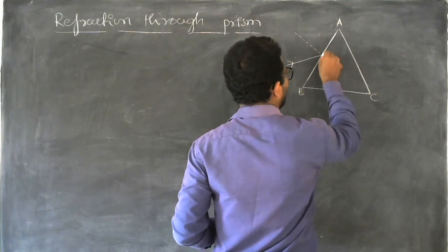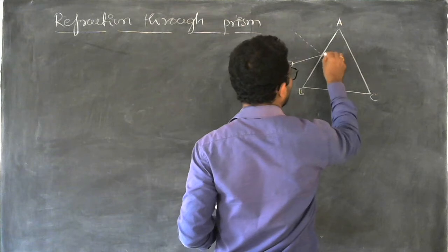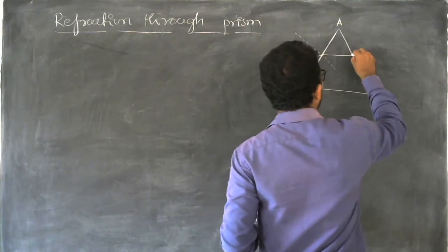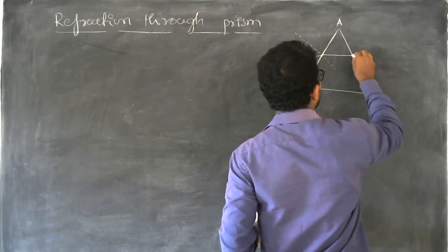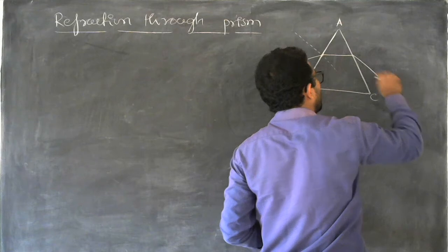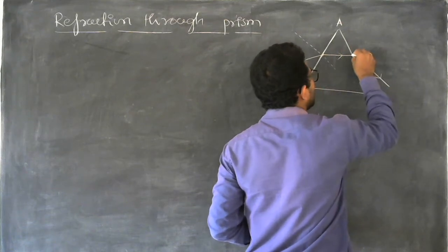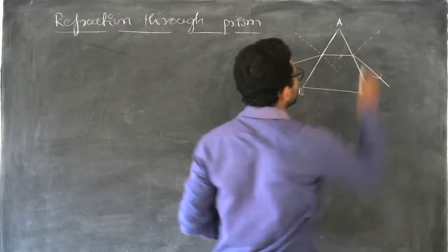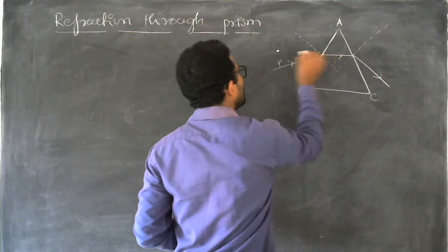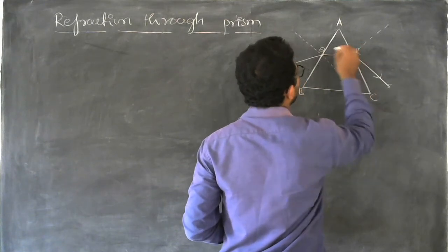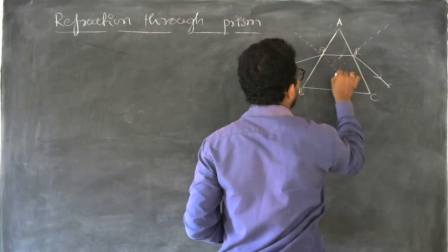It will undergo refraction at the surface AB. After refraction, it will pass like this, and again it will be incident on the surface AC. Again it undergoes refraction. So this is the point of incidence at which we should draw a normal. See, these are the two normals: P, Q, R, S.